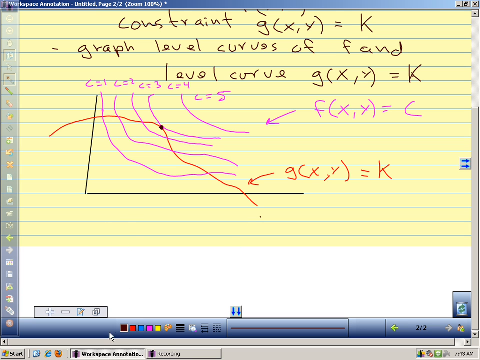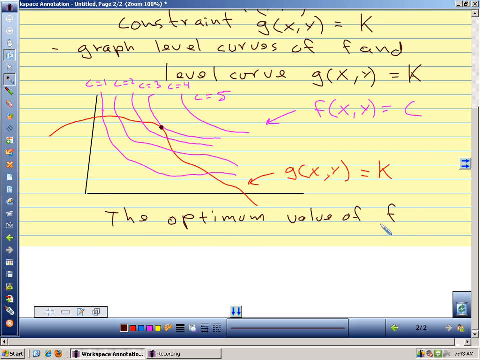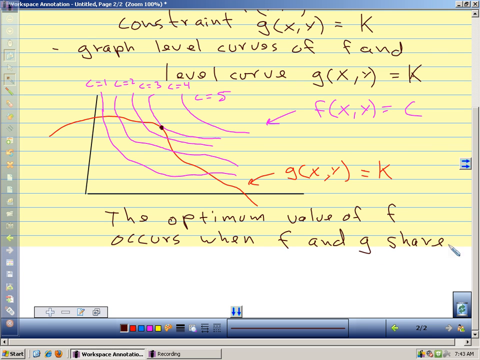So the optimum value occurs where they share a tangent.